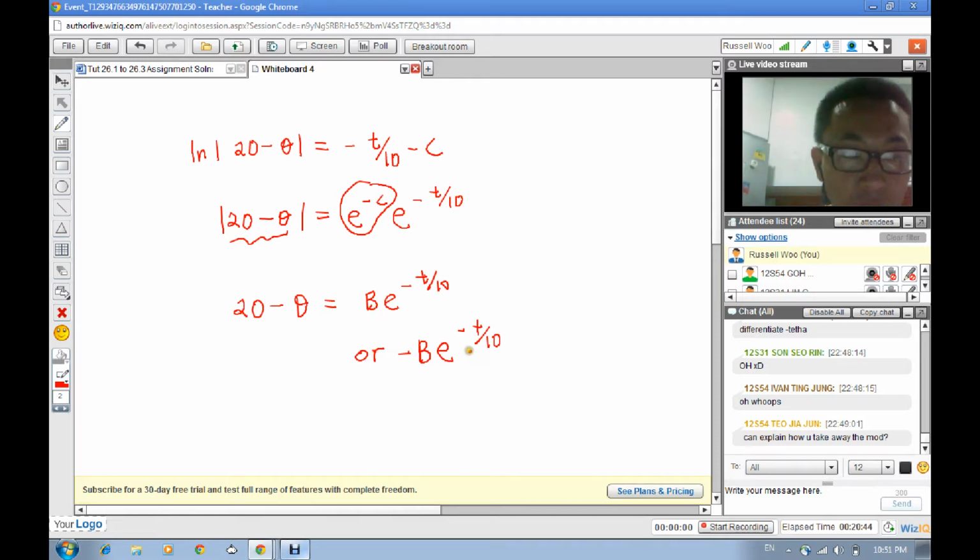Alright, quite obvious because if you take mod, the expression in the mod can either be positive or negative, because ultimately after you take mod, you will get the positive sign.